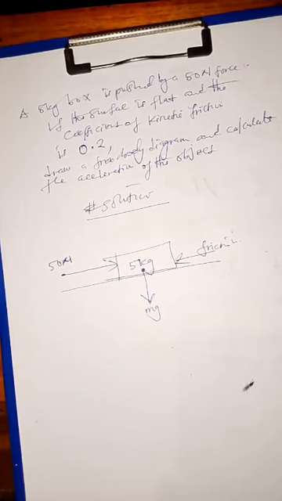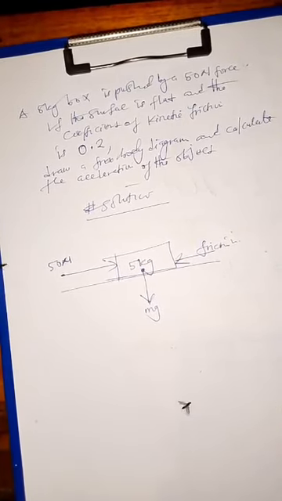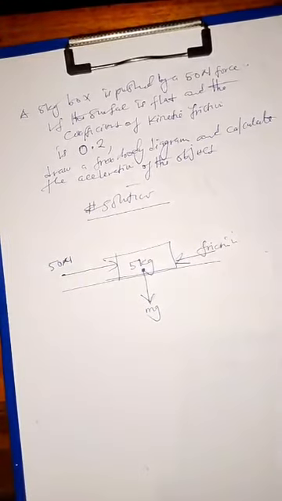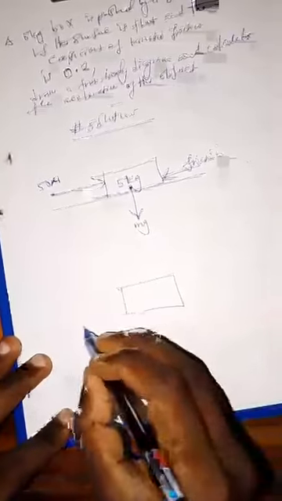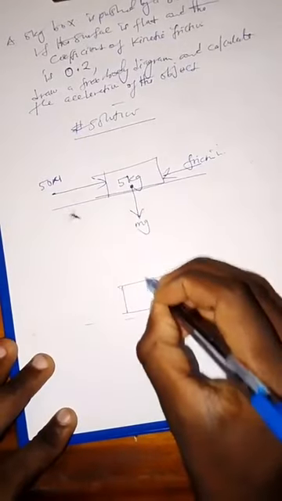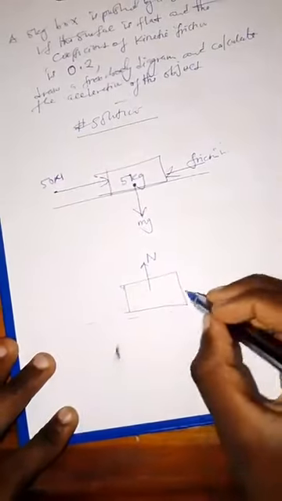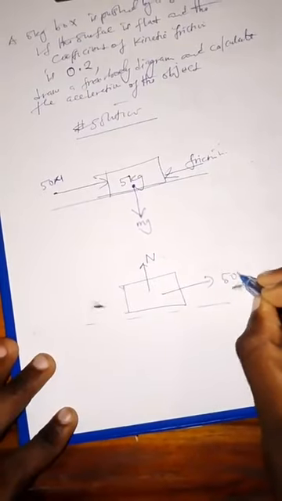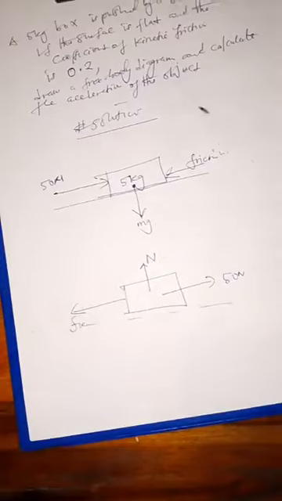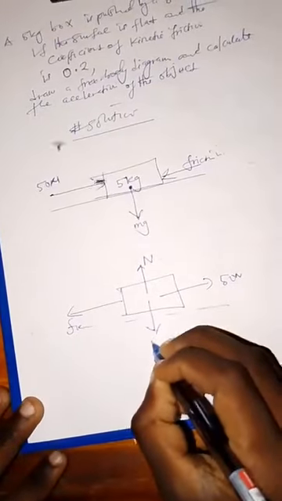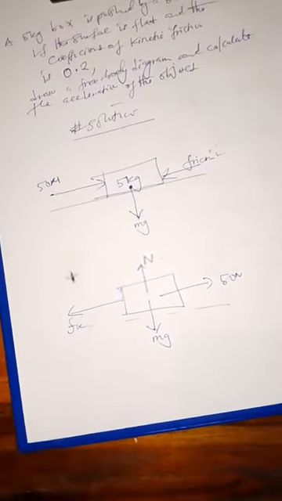So the system is at equilibrium in the y-axis. Let's now draw the object with the forces after their effect, like I said. You have an object on a flat surface with the normal force, the 50 Newton going this side, the friction going this side, which is Fk, kinetic friction, and the mg, which is the weight.